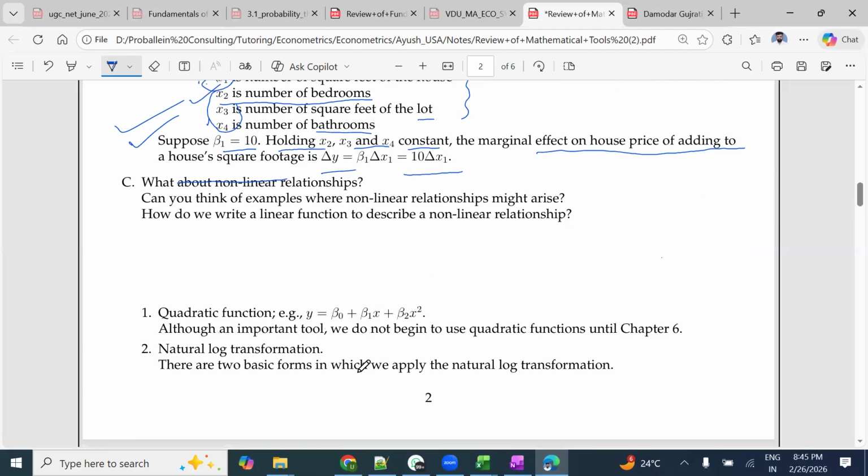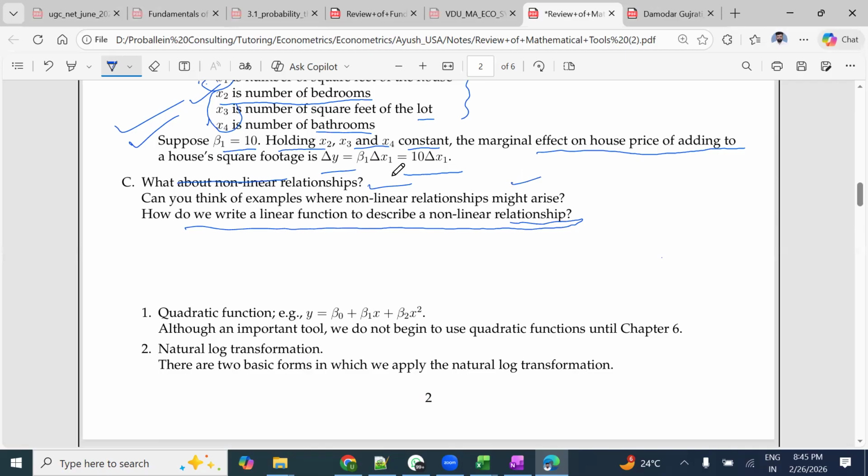Yes, sir. Next we will go to, as we have very little time, let's try to proceed further. What about the nonlinear relationship? It is asking: can you think of examples where a nonlinear relationship might arise? How do we write a linear function to describe a nonlinear relationship?